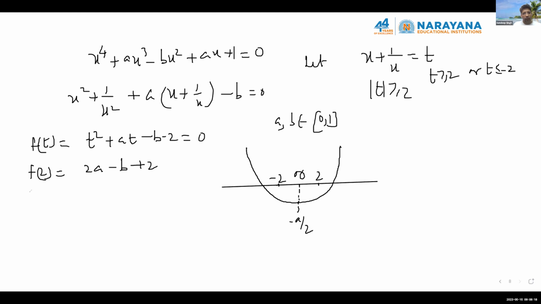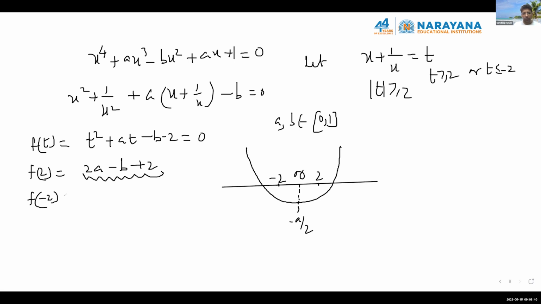Right? And what else? Could this be less than 0? Tell me, could this be less than 0 at any cost? 2a minus b plus 2. Yes, 0 to 1 it is there. Tell me fast.